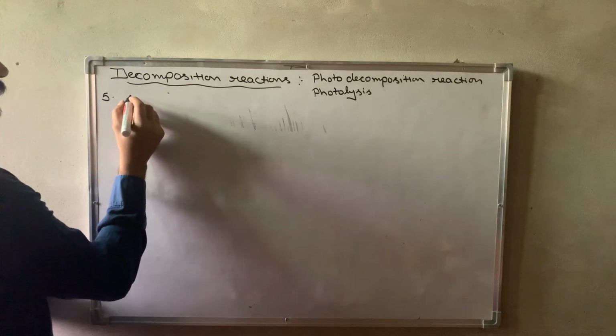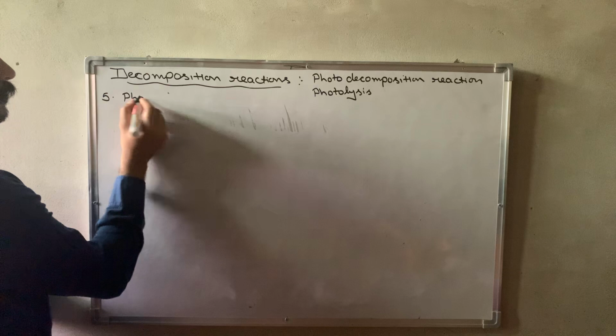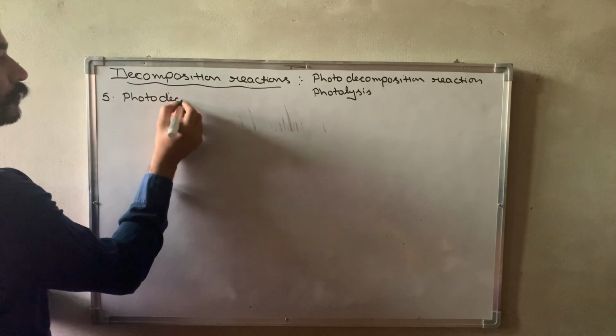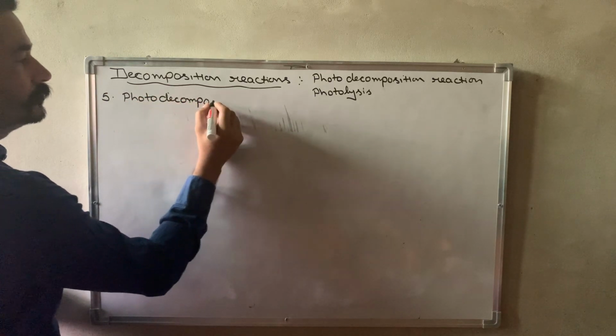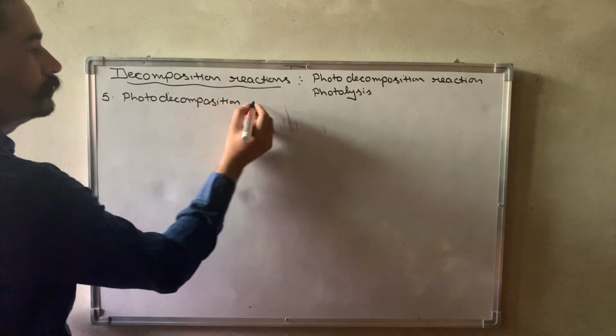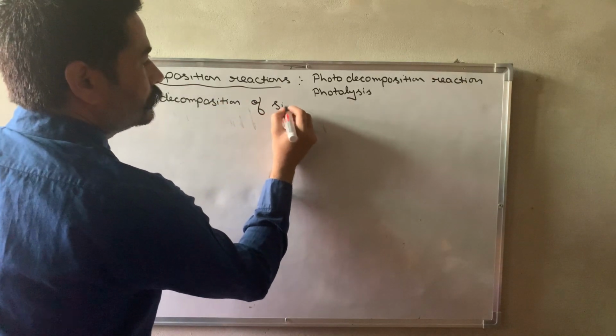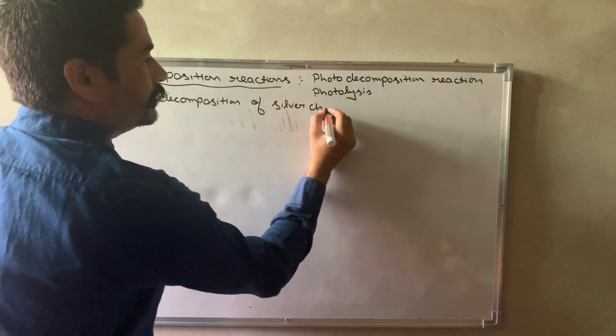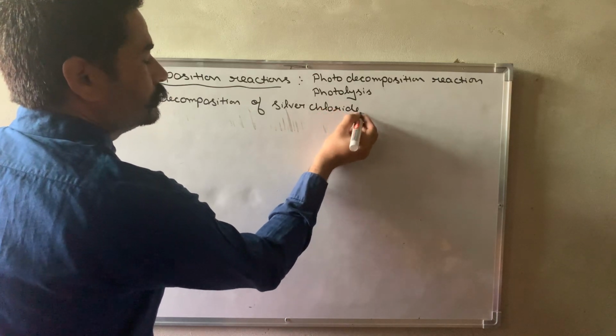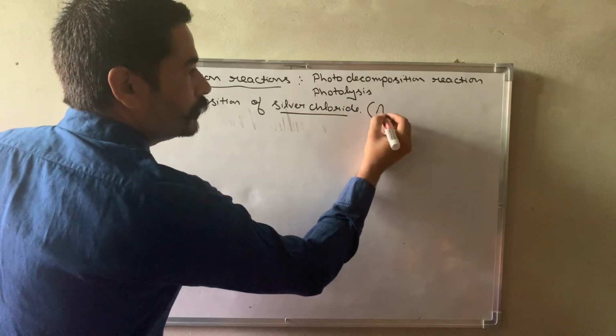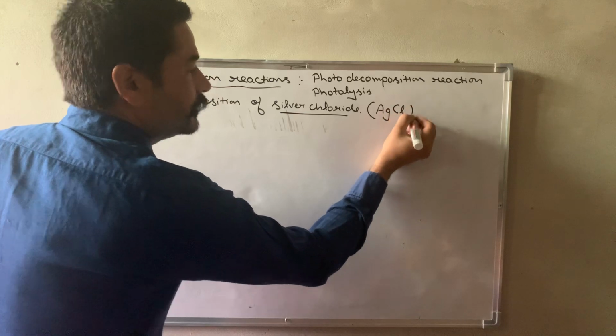So the fifth example is photodecomposition of silver chloride. Silver chloride, and the chemical formula is AgCl.